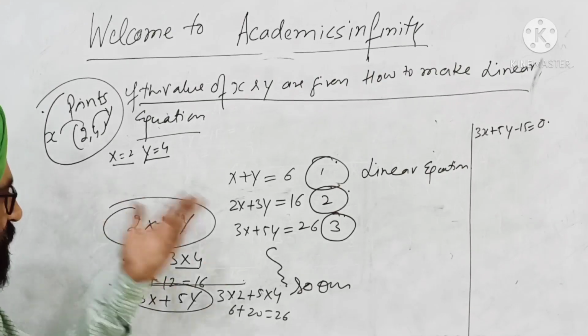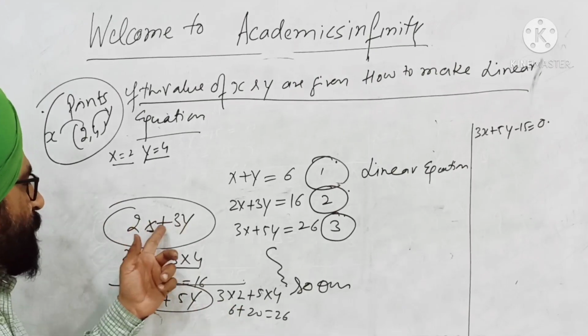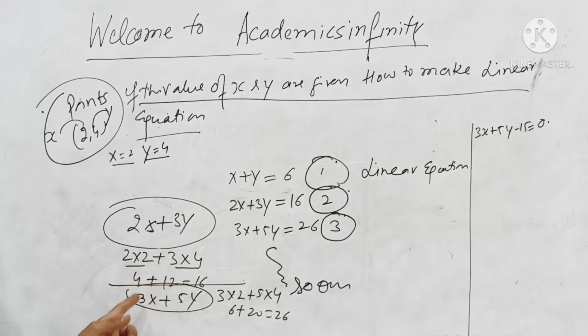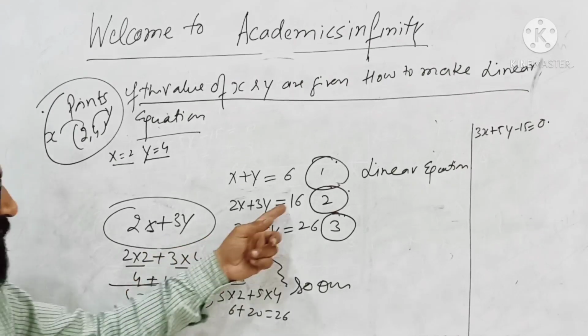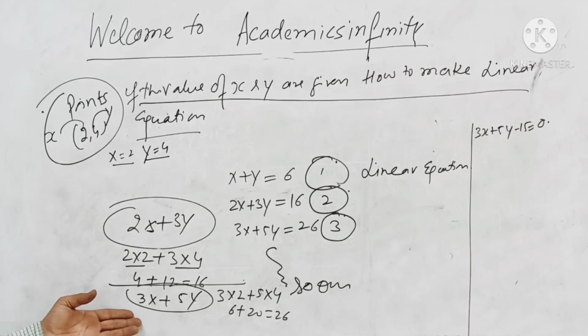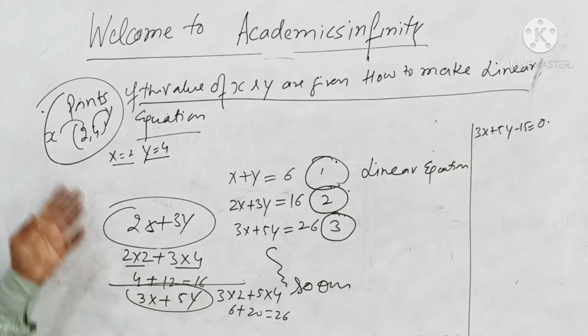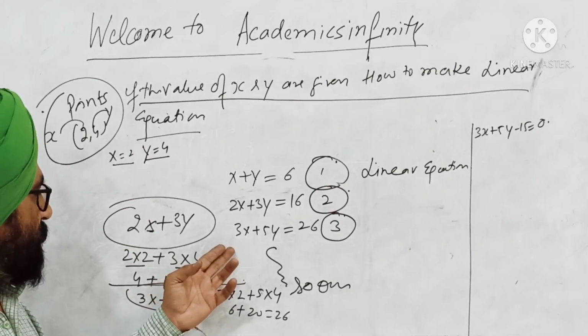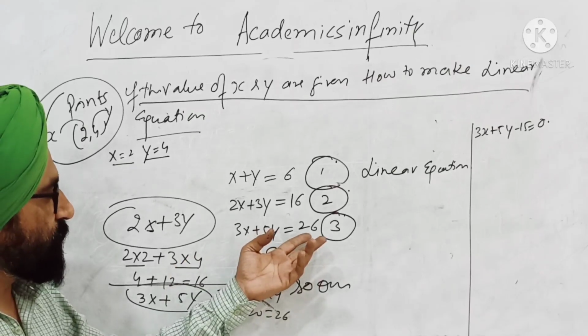Then let's take another example, 2x plus 3y, put the values of x and y here. After solving, we get 16, the second linear equation. Next, we took 3x plus 5y, put the values of x and y here, and we got 26.